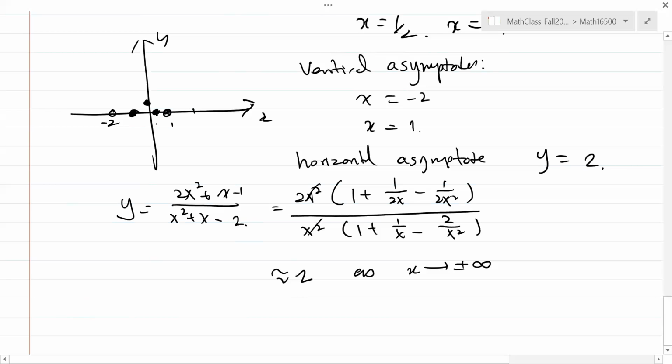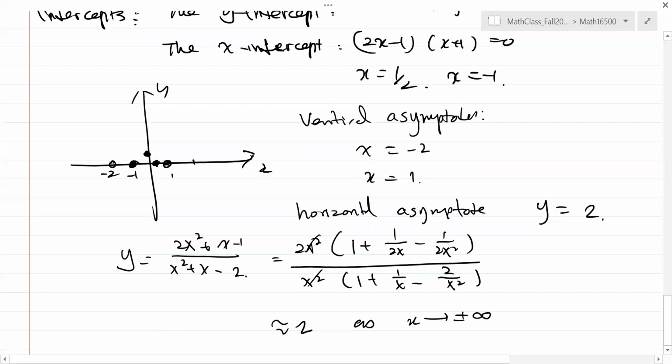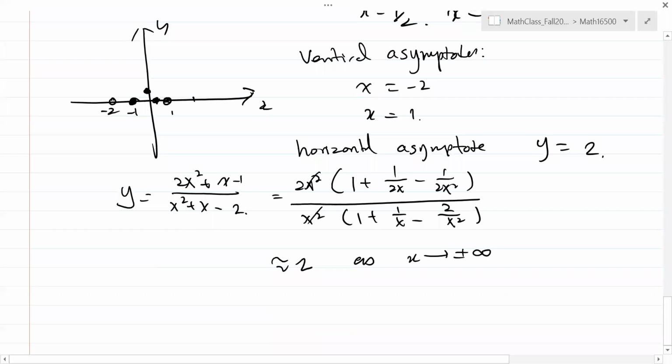This is -1. This is a negative asymptote, right? So near x equals -2, nearby this asymptote.